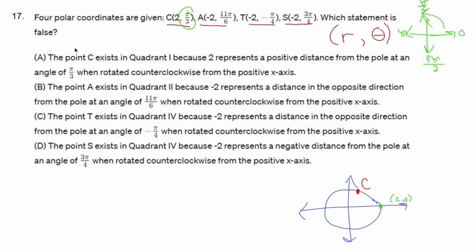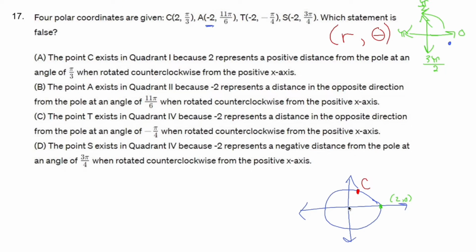Now, let me clear some of this mess up. If I were looking at these and thinking negative radius, what does that mean? Negative r. Well, let's figure out what 11 pi over 6 is first. It's way down here, so I'm going all the way counterclockwise to way down here. But since this is negative 2, I'm not going to put a dot here.